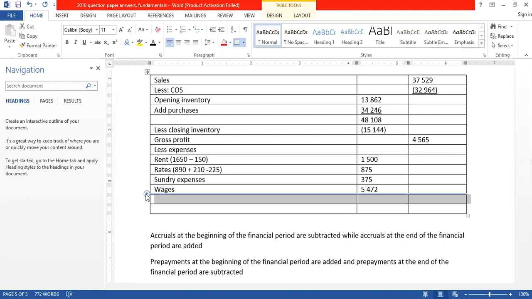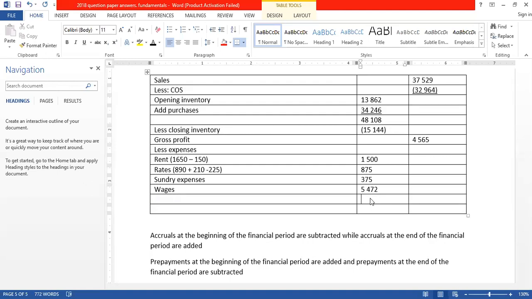So what you need to do is compare the amounts of your fixed assets at the beginning and at the end. The fixed asset that you have here is fixtures at valuation. At the beginning we have fixtures worth 2500, but now it's just 2250. So the difference of 250, you can tell that at the end of 2017 our fixtures and fittings decreased, and when our fixed assets decrease, that is known as depreciation.